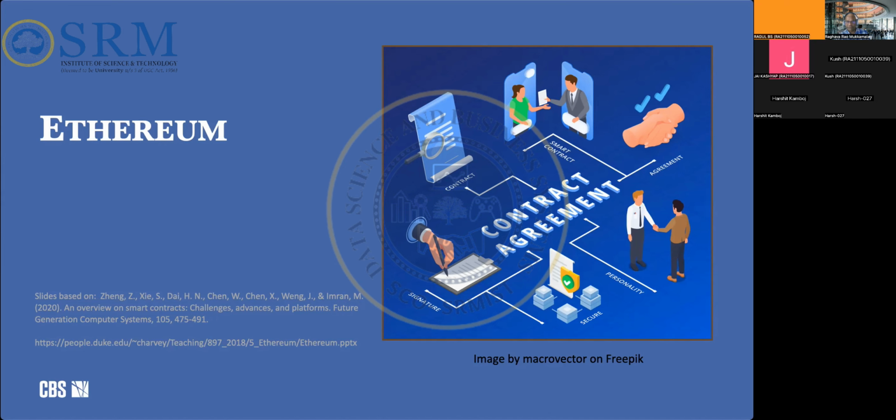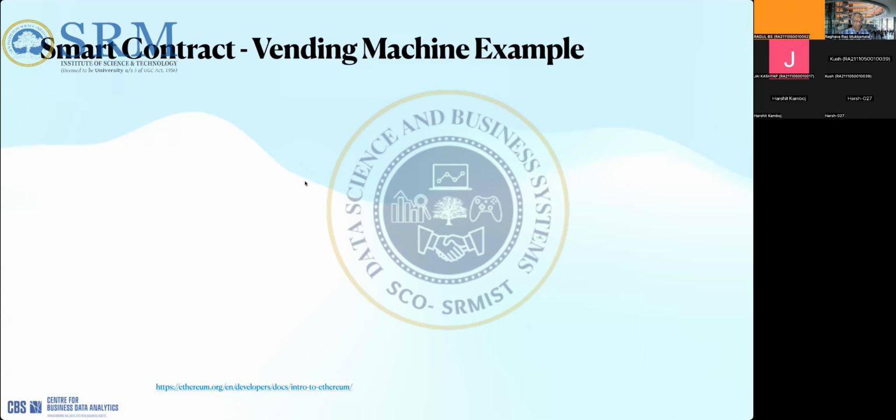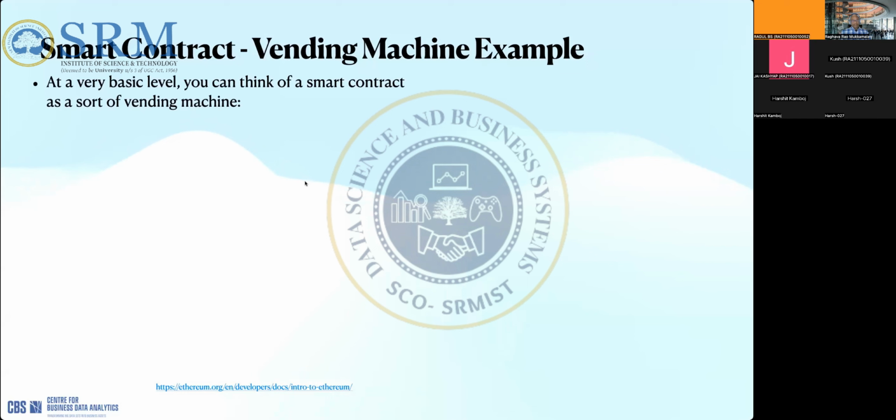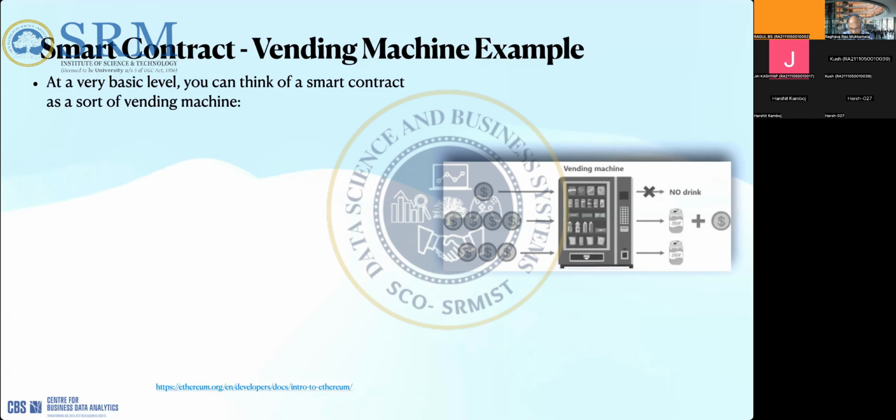Okay, so let's go further, and there are no more questions. Let me quickly recap smart contracts. Based on the last class question, I got the impression that I was not very clear about smart contracts and their execution when I was initially introducing the life cycle of smart contracts.